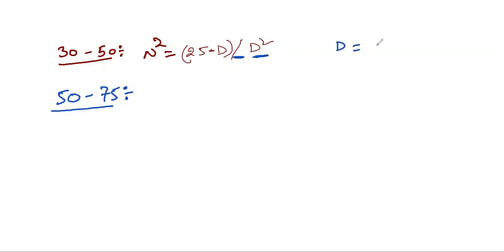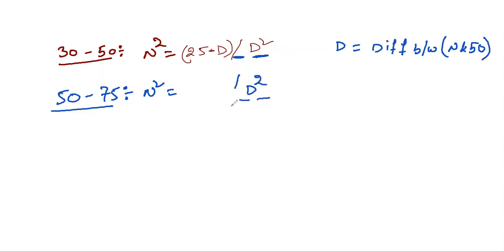Difference D is equal to the difference between n and 50. I'll write n square I want to find out. Difference square only. You will write it as 2 digits.